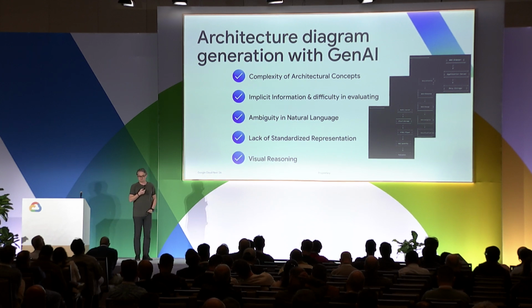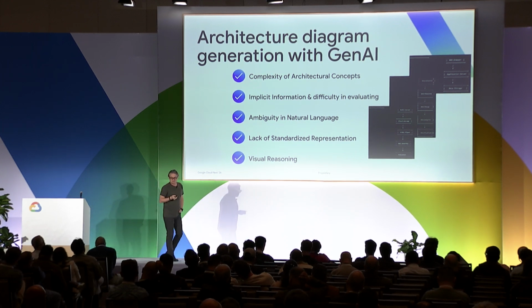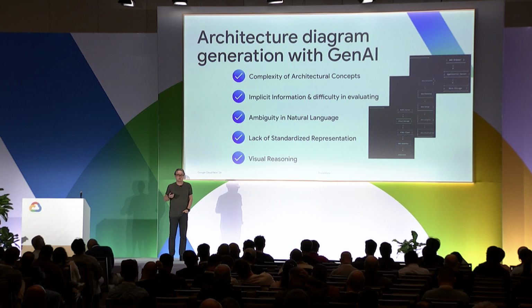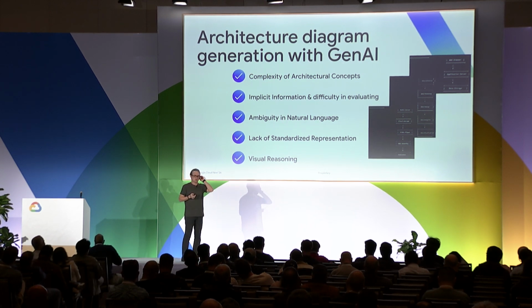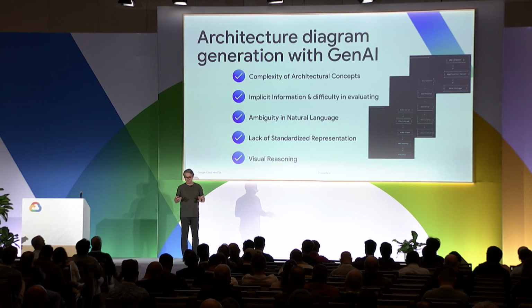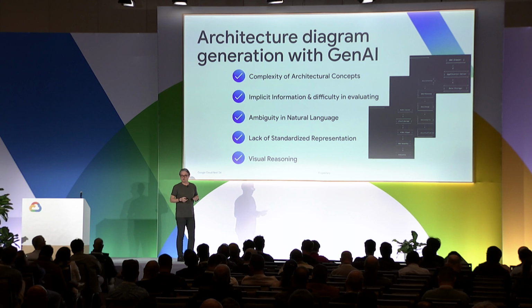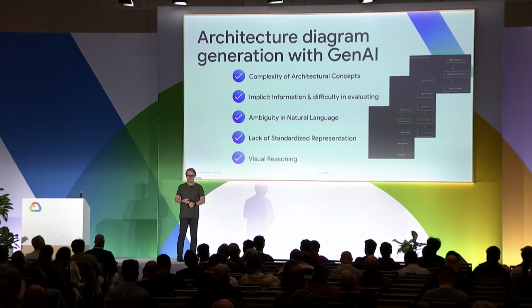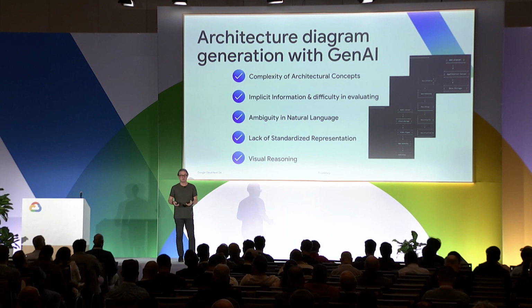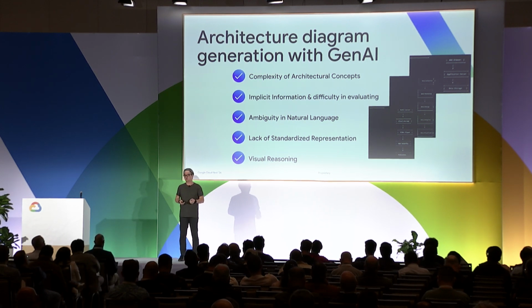First of all, diagrams often invoke complex concepts like relationships, space, flow and constraints. It is very hard for generative AI, for an LLM, to know the intricacies of enterprise architectures, networking and security without specialized training on it.